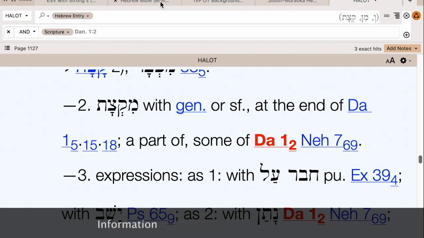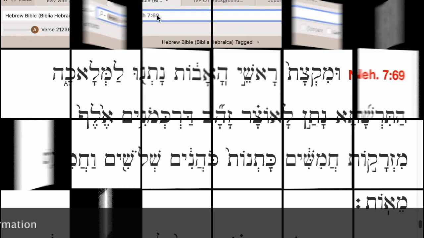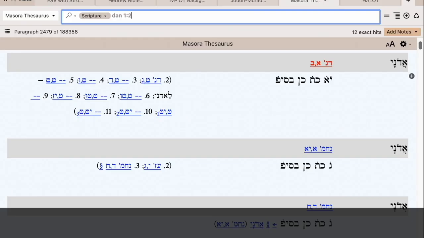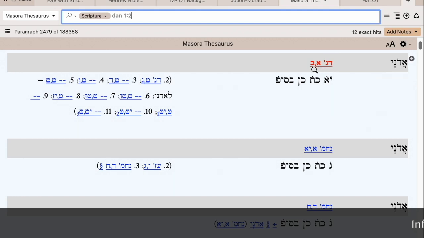Nehemiah 7:69. In fact, why don't we just take a little detour over to Nehemiah. All right, so we need to pause for a second before we read anything more. So we can go over to the Dotan Reich Masorah thesaurus, which I regularly reference in my work on the Sub Loco Notes and the Former Prophets. And here we see Daniel chapter 1, verse 2.